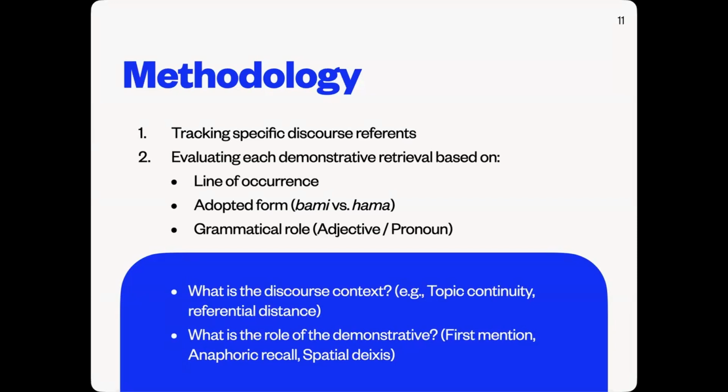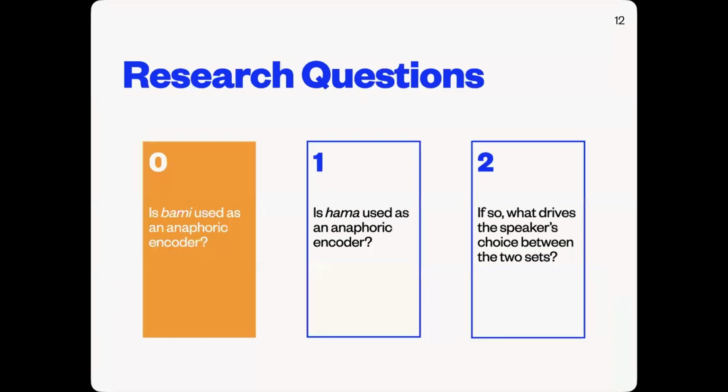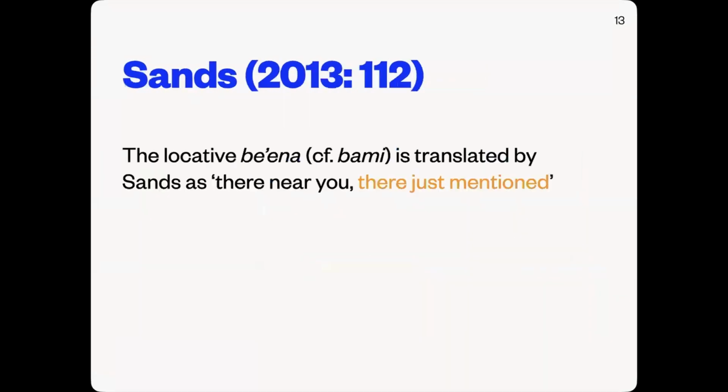The goal of the analysis was establishing the role of the demonstrative: whether it was a first mention, an anaphoric call, or a plain spatial deixis. As for question 0, we can actually find a clue in the older literature.